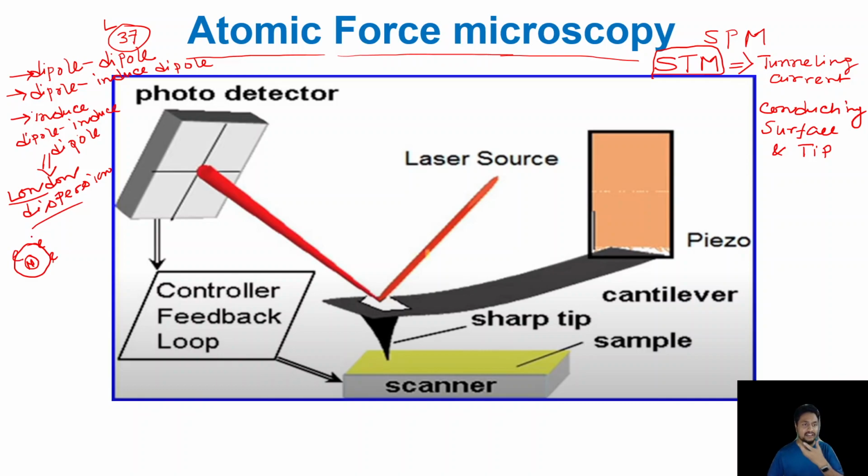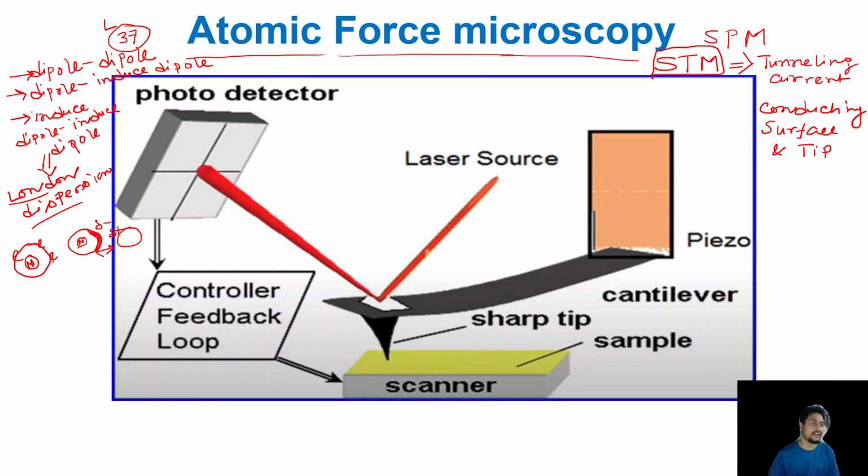So at an instant, momentarily, it can create some kind of momentary dipole moment, right? Let's say the electron cloud gathers towards one side. That time it will become delta negative. Then this momentarily induced dipole can again induce a dipole into the neighboring molecule, delta plus, and then they can interact.